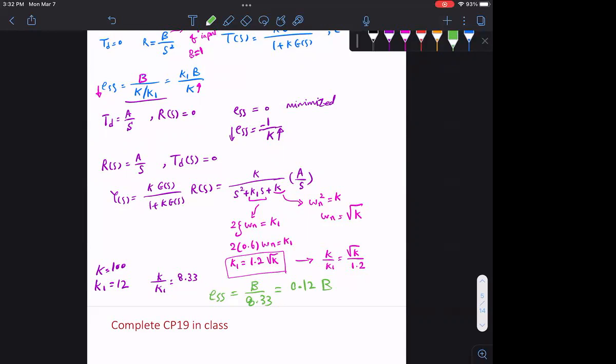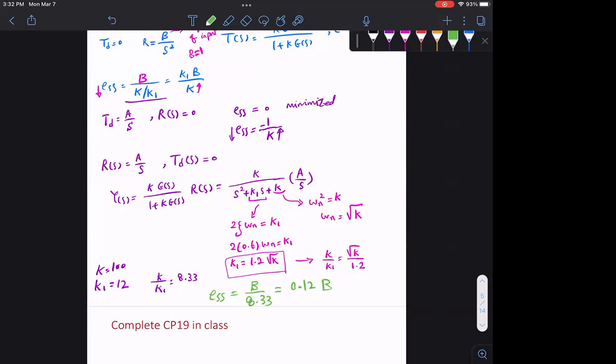So whatever the magnitude of your disturbance is, you're going to have a steady state error, which is 12% of that. You can't, in this case, get rid of the error because that's the relation you're going to have.